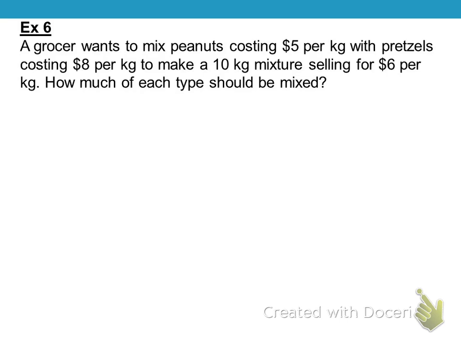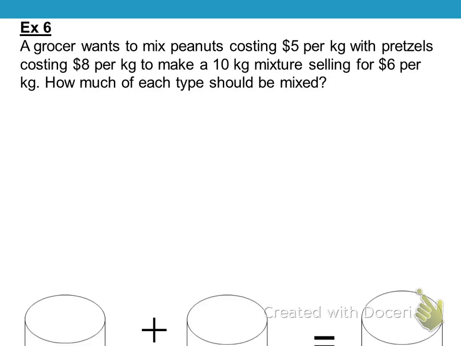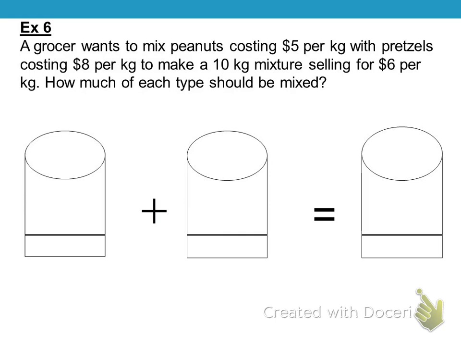So again, I know the total. He wants the whole mixture to be that amount, the 10 kilograms. All right, so set up our canisters. What are we mixing? Peanuts and pretzels, and that's going to be our mixture.